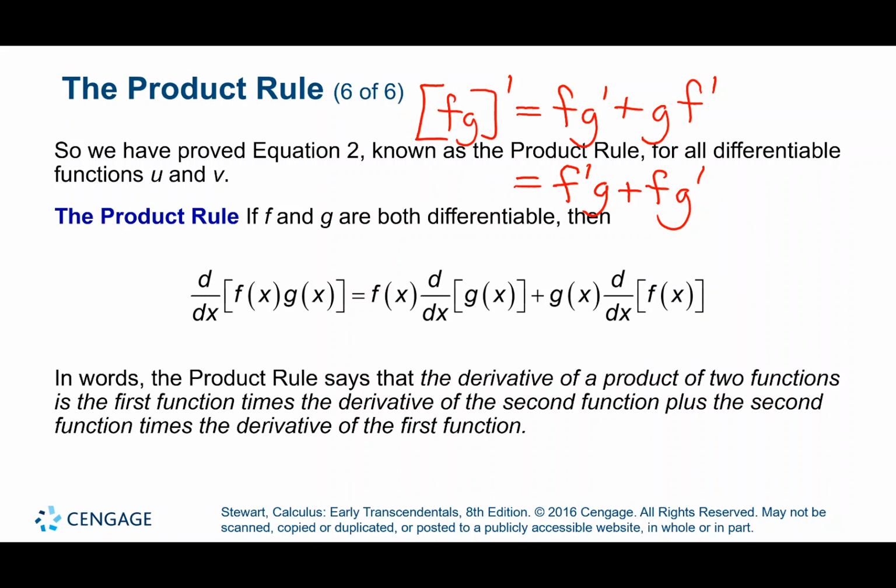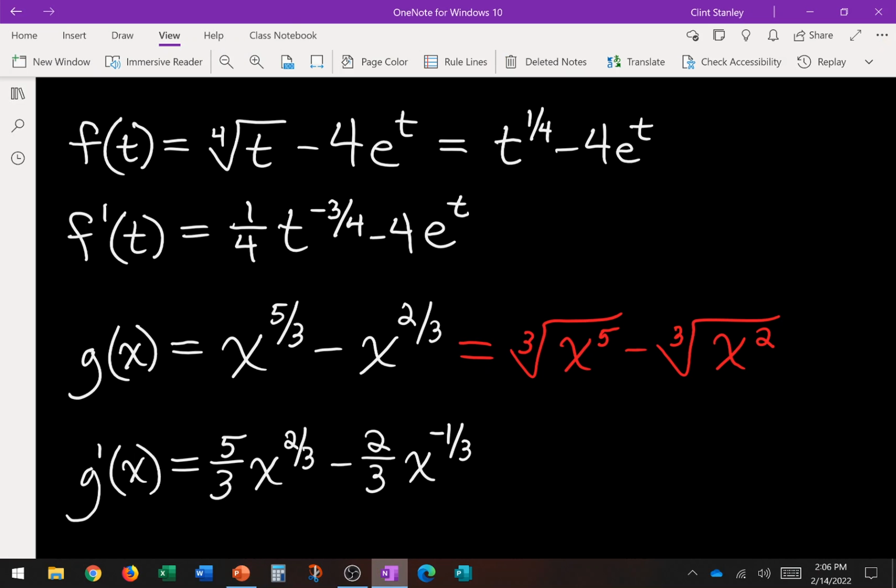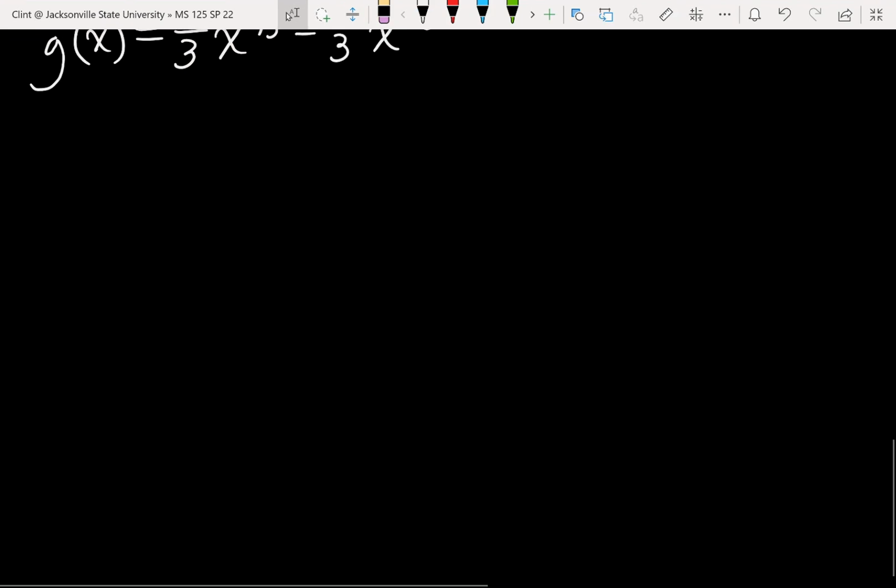There's the product rule. So we'll use it in just a minute. Let's look at if we were doing the limit definition. It's messy, you won't ever have to do it. Let's just look at where it comes from.